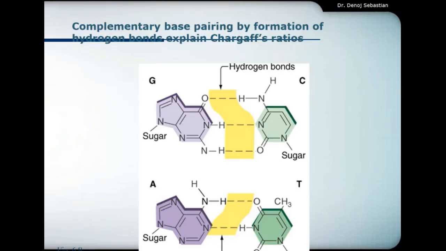So wherever there is a GC rich region in the DNA, that means that region is strongly bound. You will require more temperature to dissociate it.